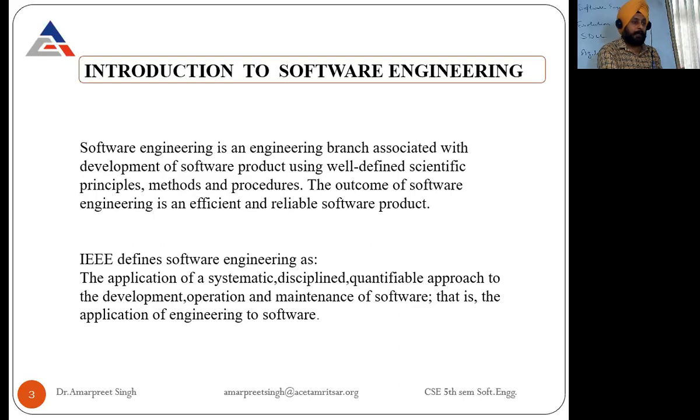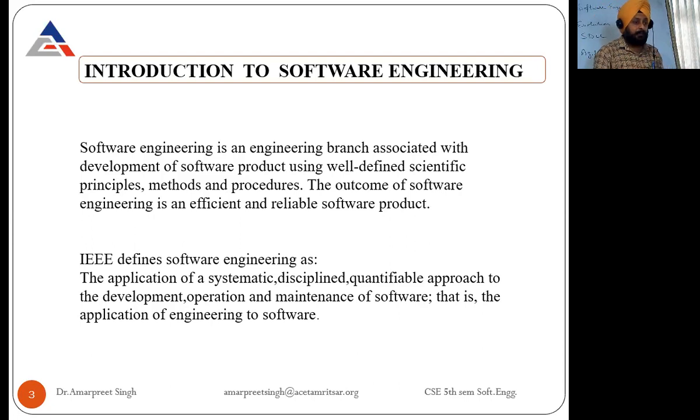So according to the IEEE, it defines the software engineering as the application of systematic, disciplined, quantifiable approach to the development, operation, and maintenance of the software. That is the application of engineering to the software. So what it says, it is an application of the engineering to develop the software.